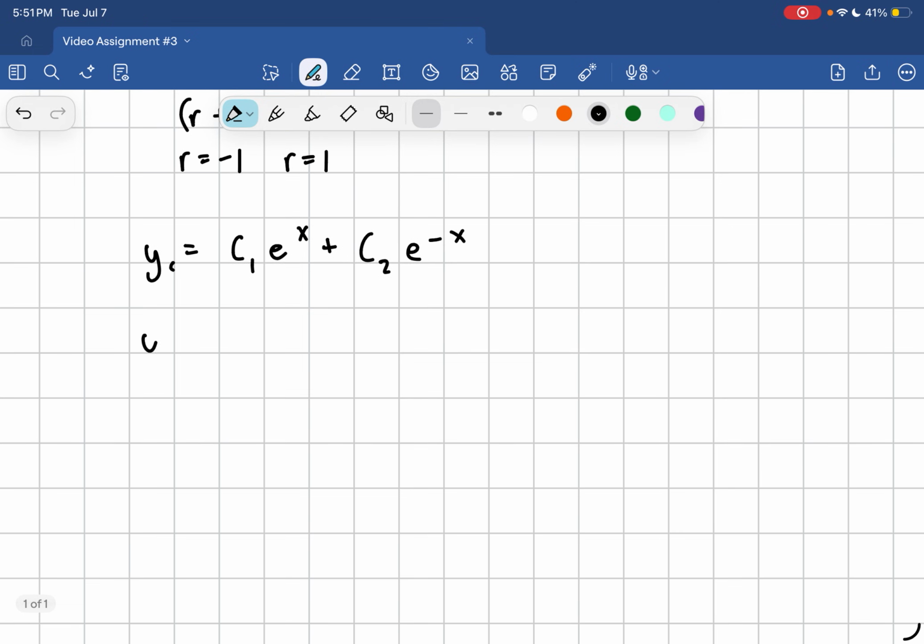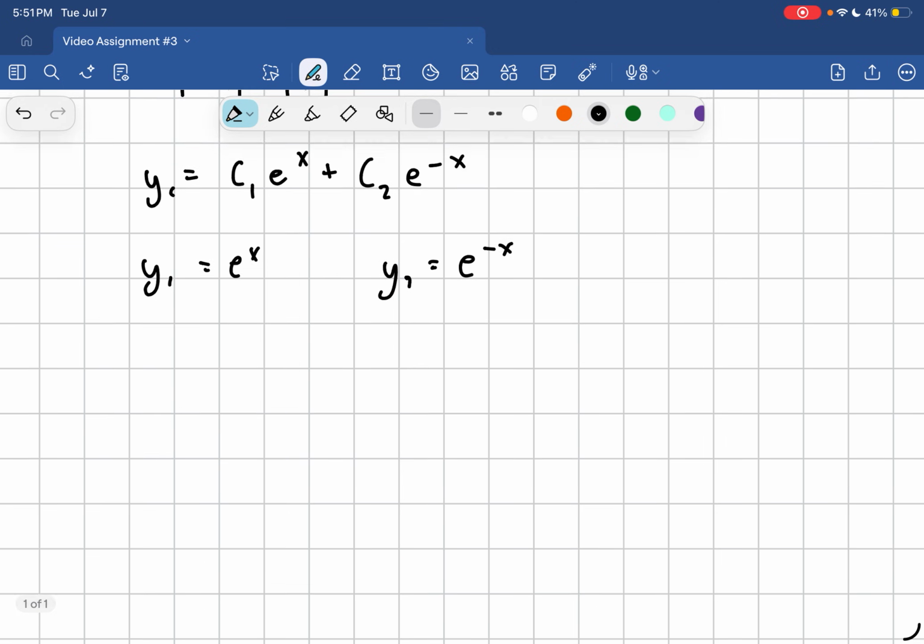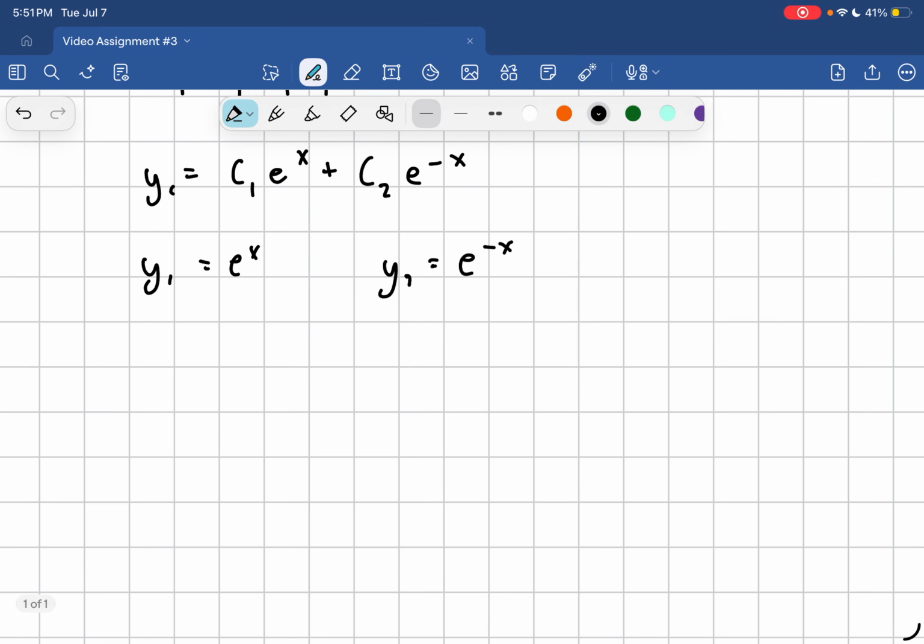And our two solutions will be y1 equals e to the x and y2 equals e to the negative x, as we can see. So from here, what we want to do is go into calculating the Wronskian given these two functions.